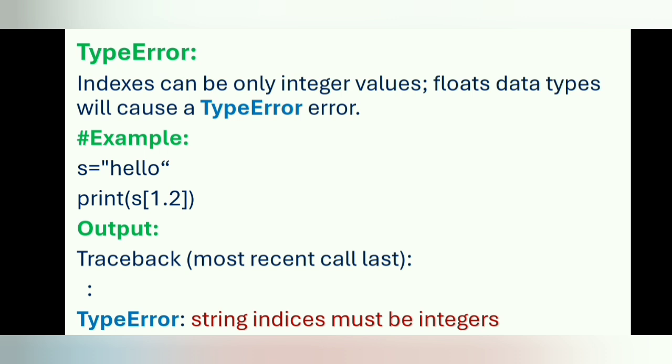But here we have used a float value, so Python will return a type error message that string indices must be integers. Python will not return any error message if we use boolean values true or false, because the numeric value of true is 1 and false is 0. So by using Boolean values, we can access the first and second characters in a string.